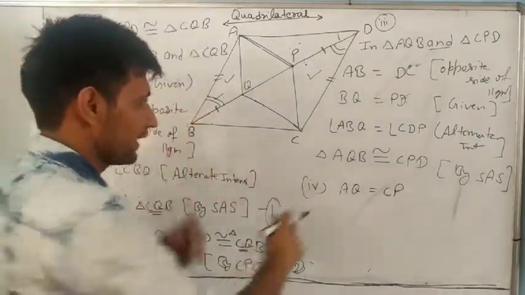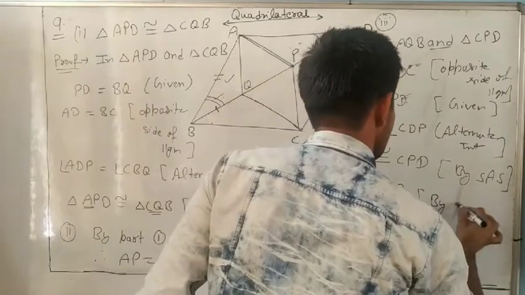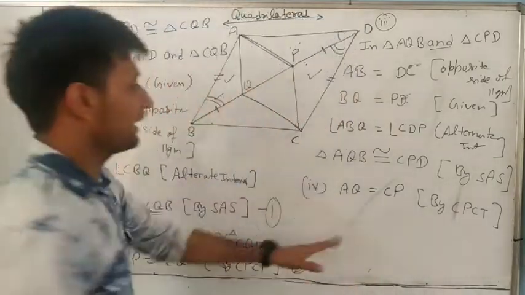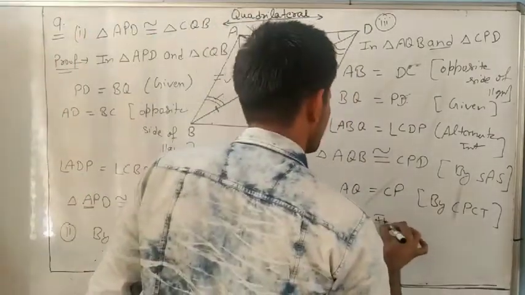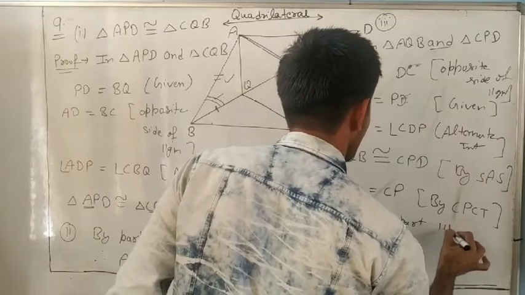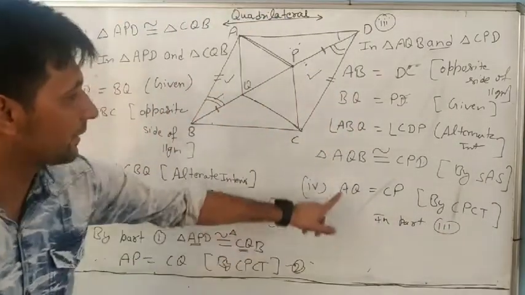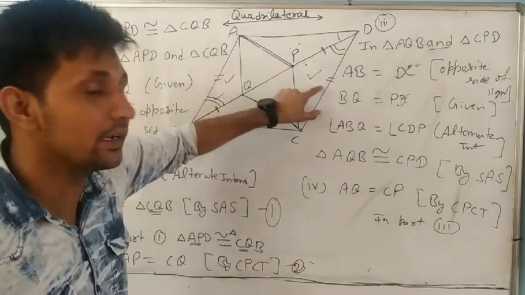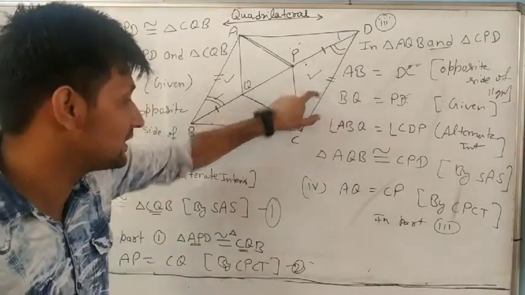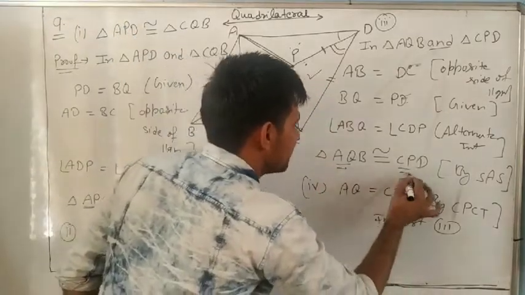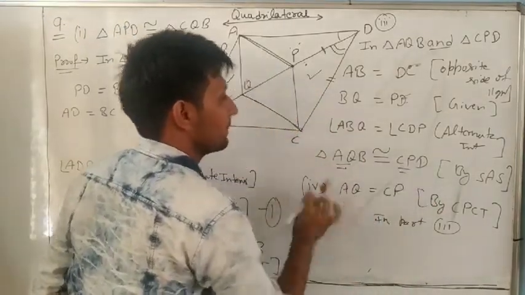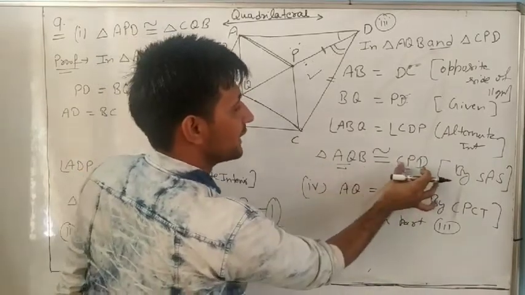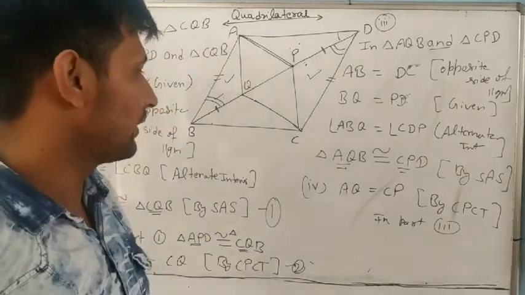So write AQ equals CP by part 3, because in part 3 we already proved these two triangles are congruent. If they are congruent, corresponding parts are always equal. It means AQ corresponds to CP, so they are equal. AQ equals CP, QB equals PD, AB equals CD. All are equal.